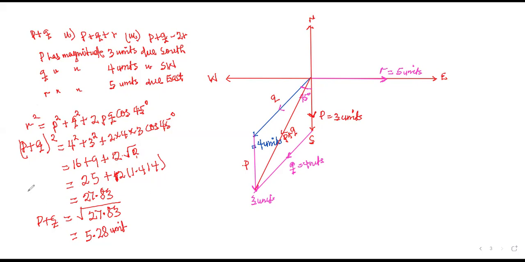Okay, so let's correct it quickly. So 12 times root 2, but root 2 is 1.414. So multiply that by 12 and add that to 25. Sir, it's 41.97. Okay, so P plus Q is 41.97 before taking the square root.